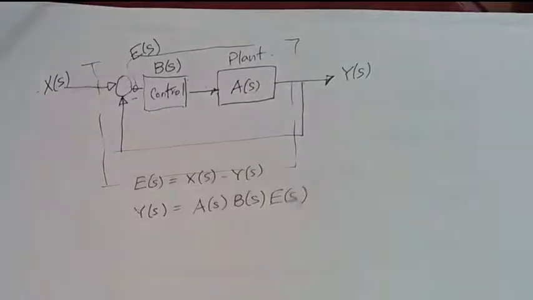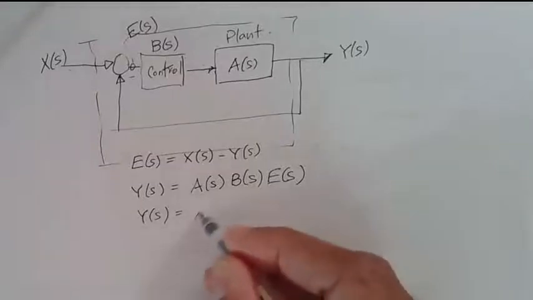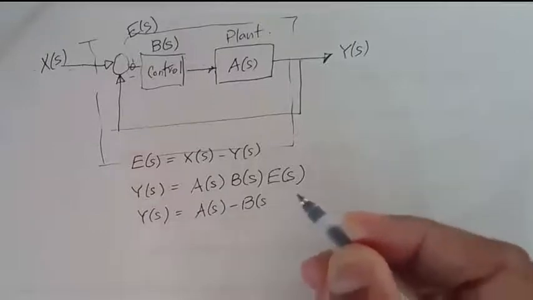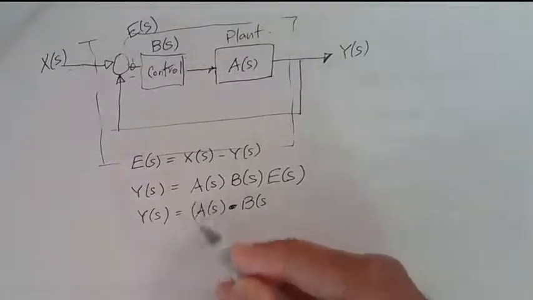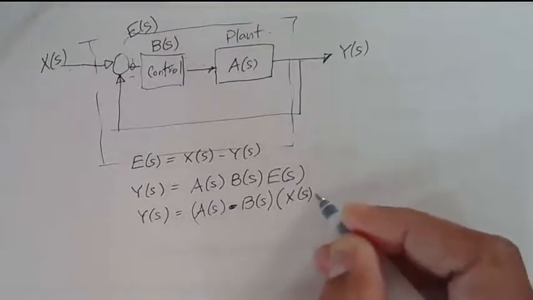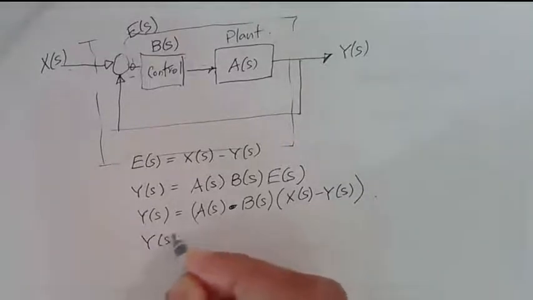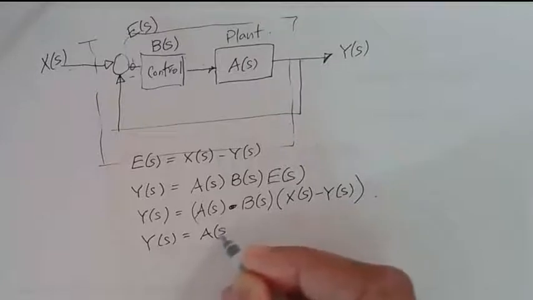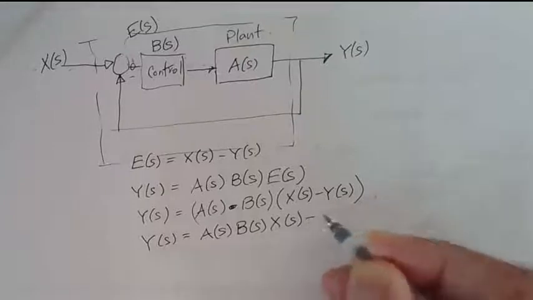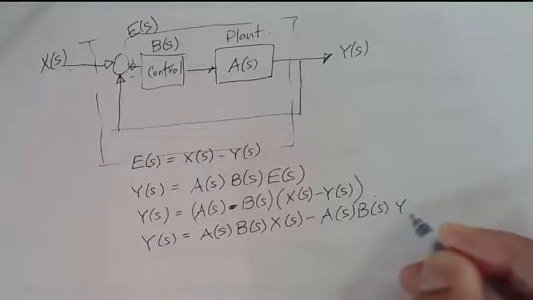Plug E of S in here, and you get Y of S is equal to A of S times B of S, and E of S is X of S minus Y of S. Right, so Y of S is equal to A times B times X minus A times B times Y.